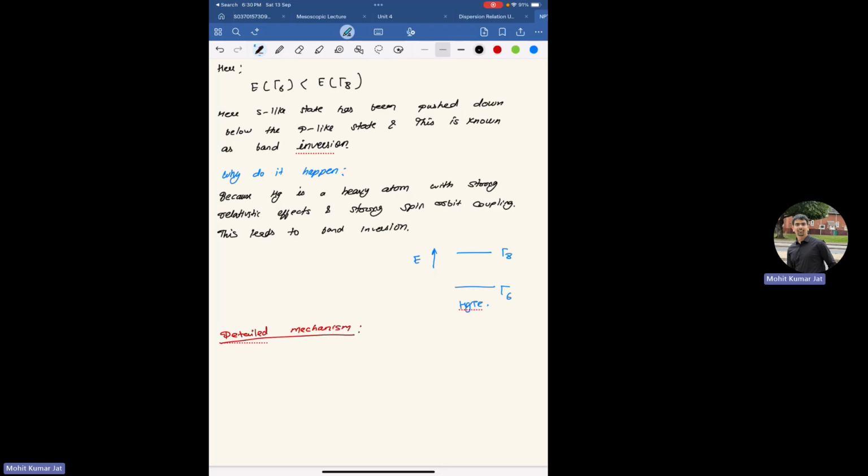The detailed mechanism includes band hybridization, plus strong atomic spin orbit coupling, plus chemical bonding difference.